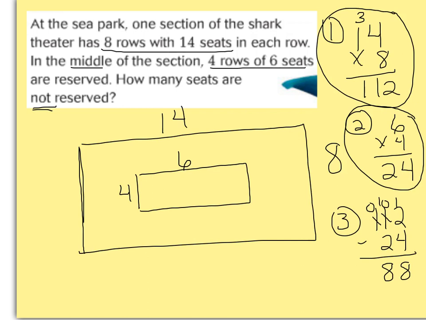Now, to get to the actual question that we're trying to solve, how many seats are not reserved, I'm going to have to take 112 minus the 24, and that is my step 3. I've subtracted and I have found out that there are 88 seats that are not reserved. So my answer is 88.